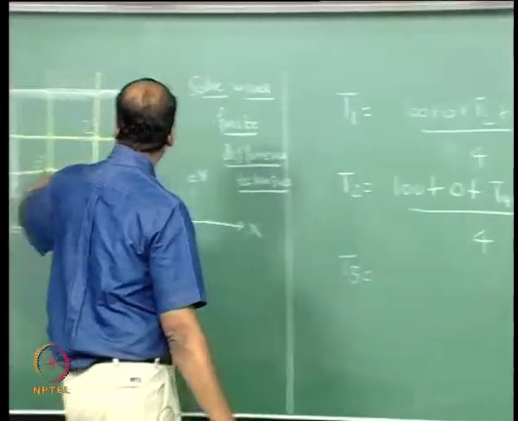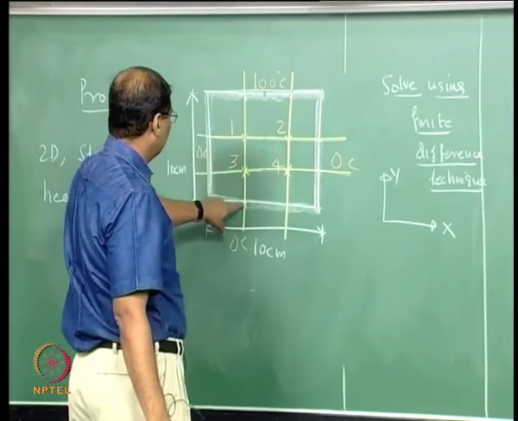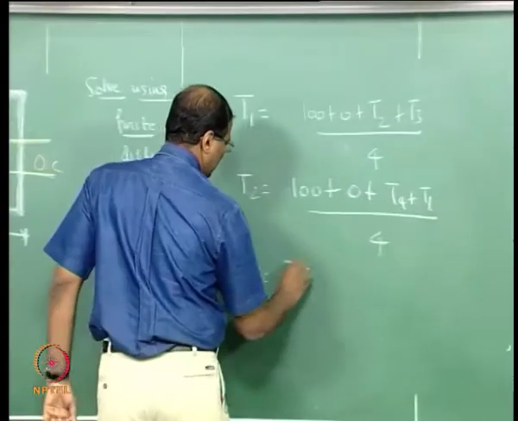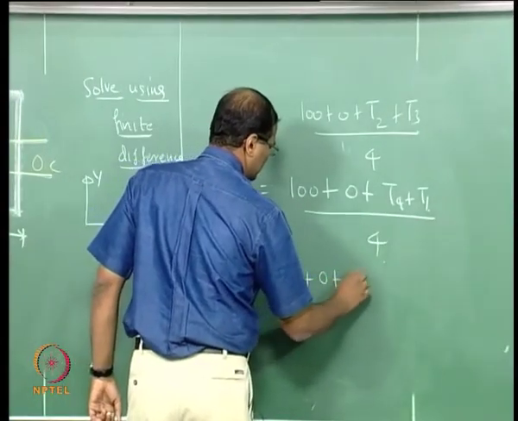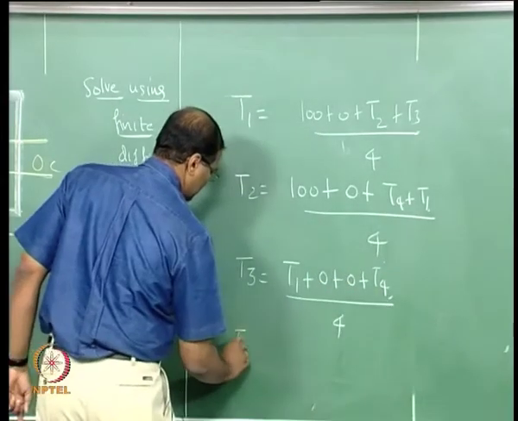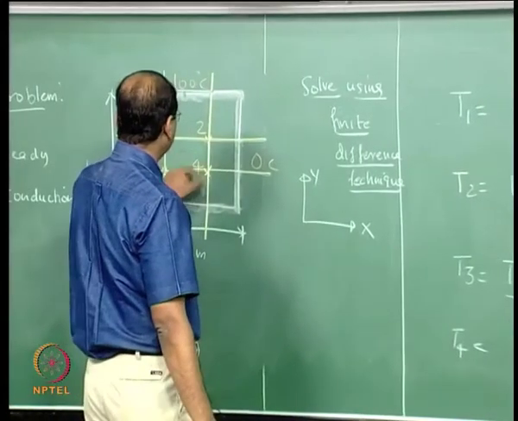T3 will be equal to neighbors: north T1 plus 0 plus 0 plus T4. T4 is T2 plus T3 plus 0 plus 0.